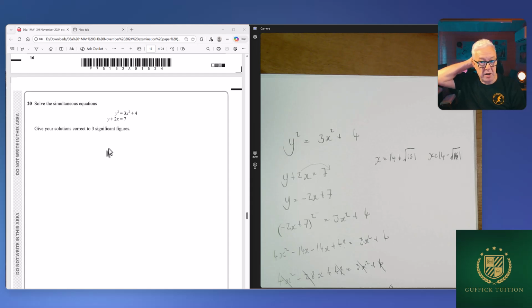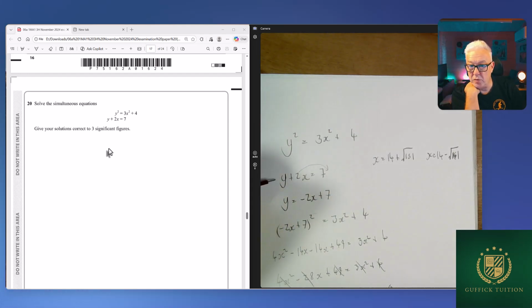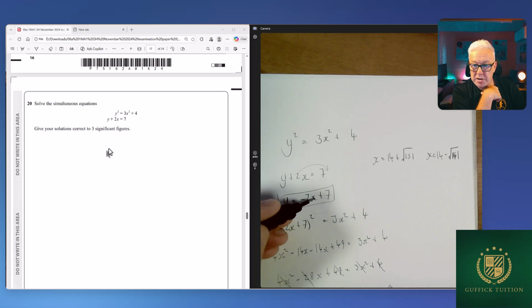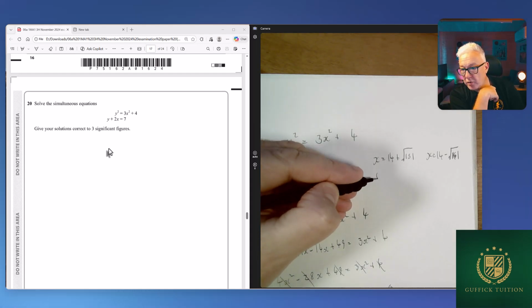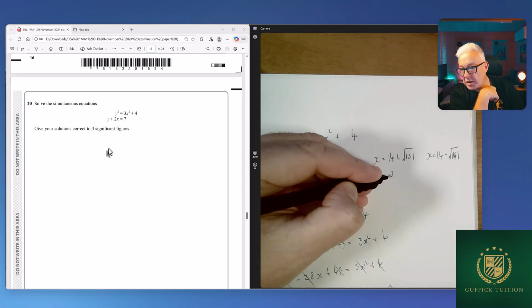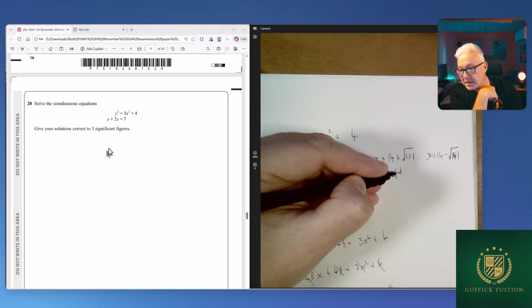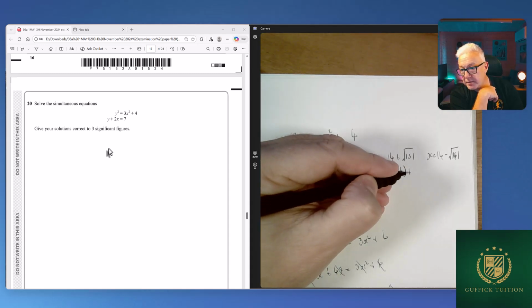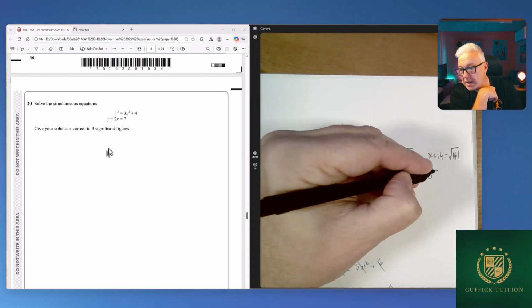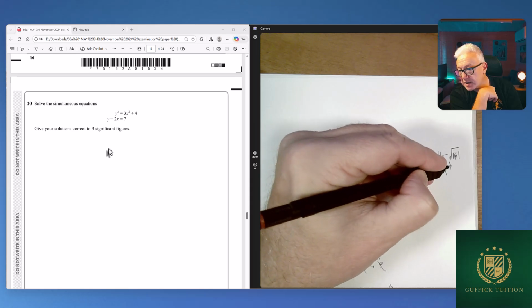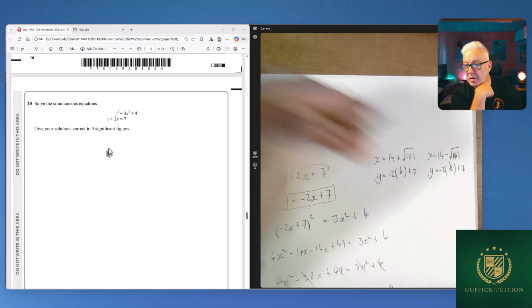And these need to go into the y equation here. y is equal to minus 2x plus 7. So y is going to equal minus 2 times that answer, plus 7, and the same here, y is going to equal minus 2 times that answer, plus 7, like so.